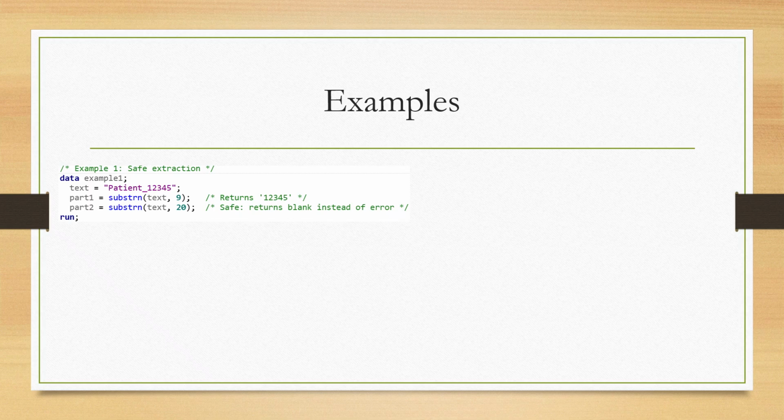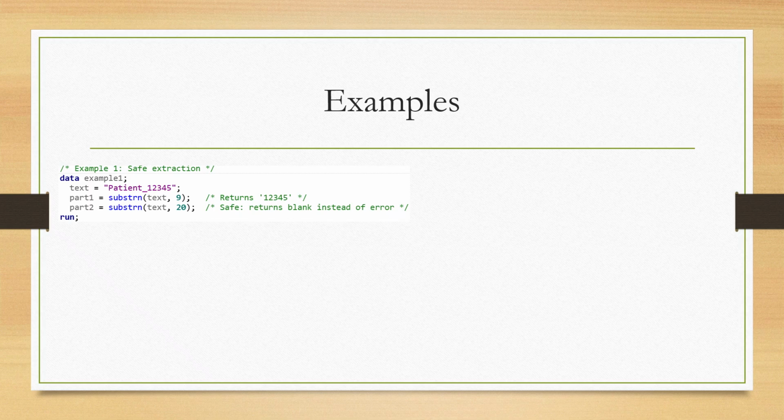Now coming to part2. If you notice here, the starting position is mentioned as the value 20. Please observe that the text value, patient underscore 12345, is not of length 20. So if we had given 20 as the starting position for the SUBSTR function, it would throw an error in that call.